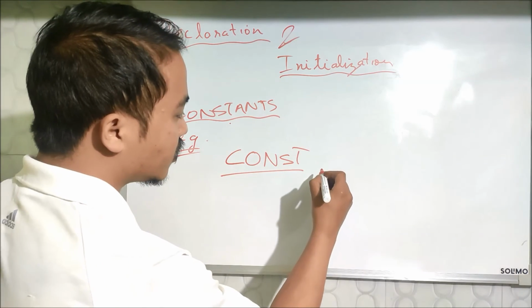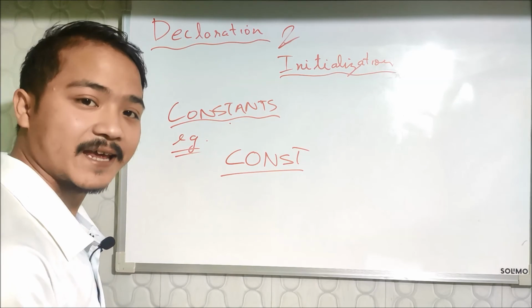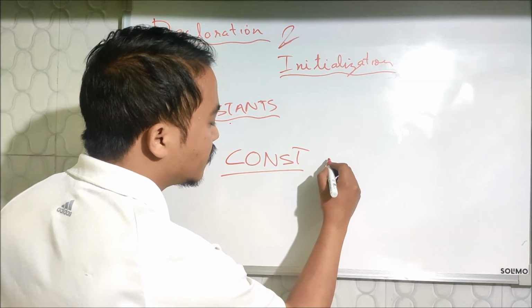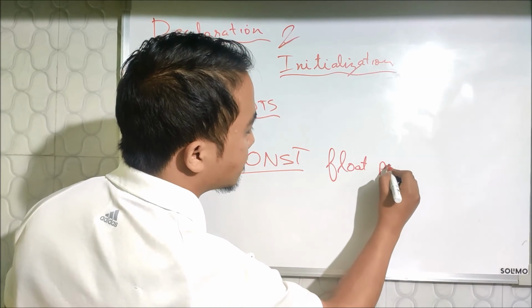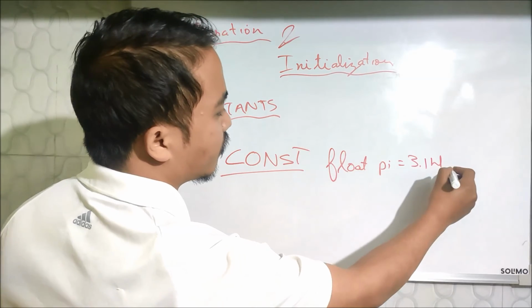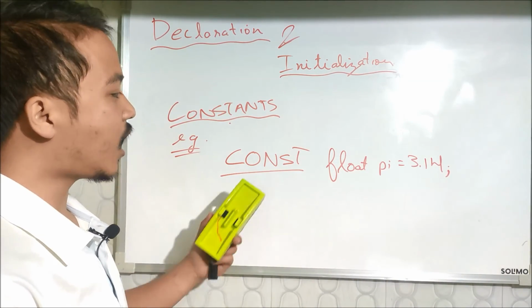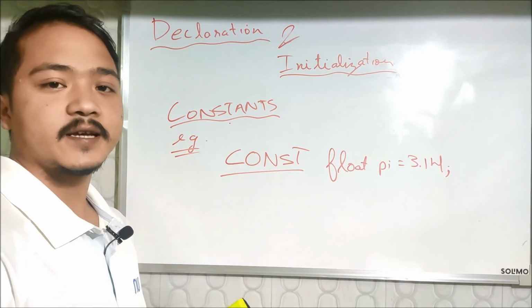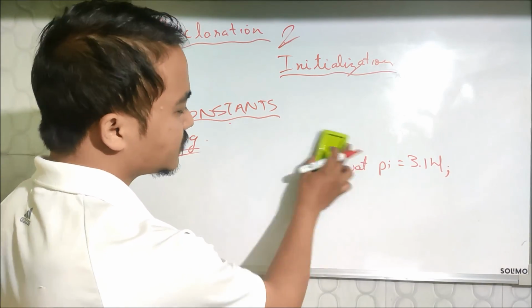Let's say what you want to store, pi. Const float pi is equal to 3.14. All right, so this is the way you initialize a constant. Okay, it's very simple.